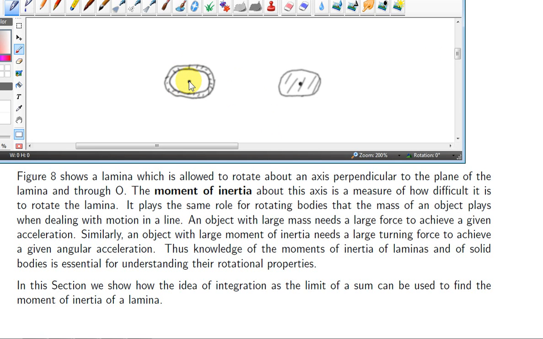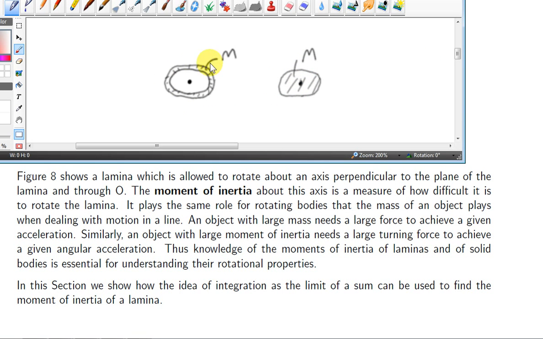Imagine that we have a ring of material that's rotating about this point here, and the mass of this ring is m. Imagine we have a lamina of material also of mass m, both of the same mass. Well, it is more difficult to rotate the ring about this point than it is to rotate the lamina about this point.